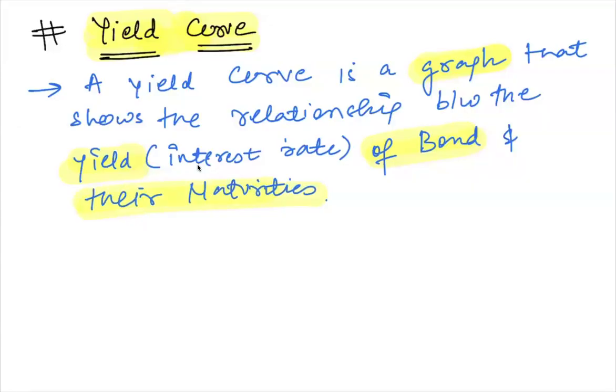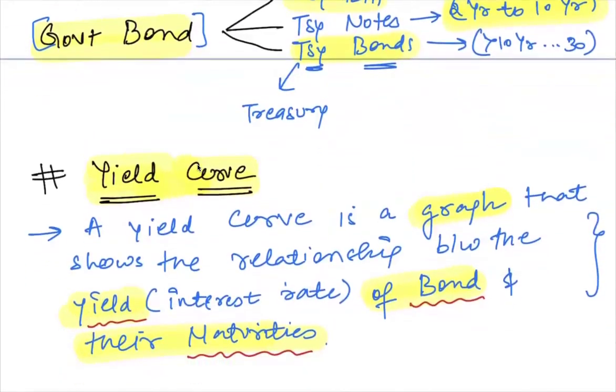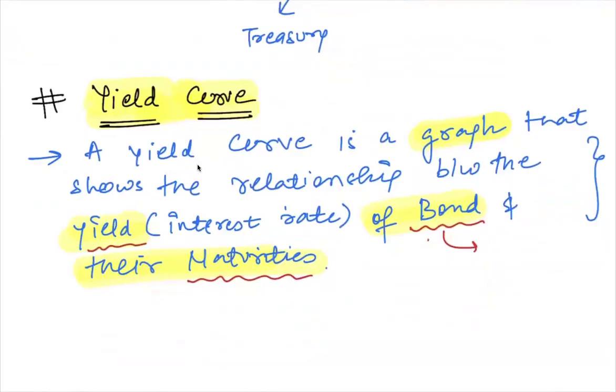And if I had started the whole project from here, the first question I would have got is, what is a bond? What does the yield of a bond mean, or what does maturity mean? But now you know that.